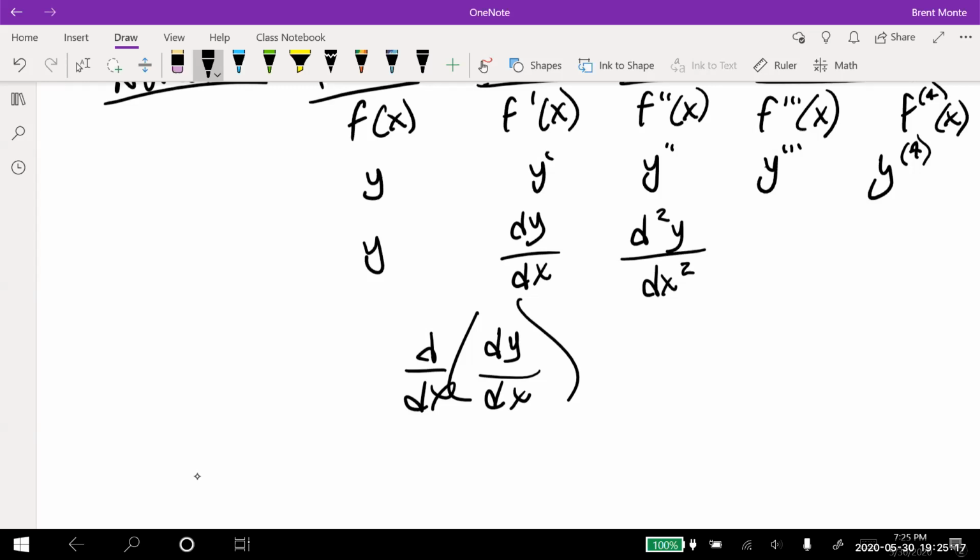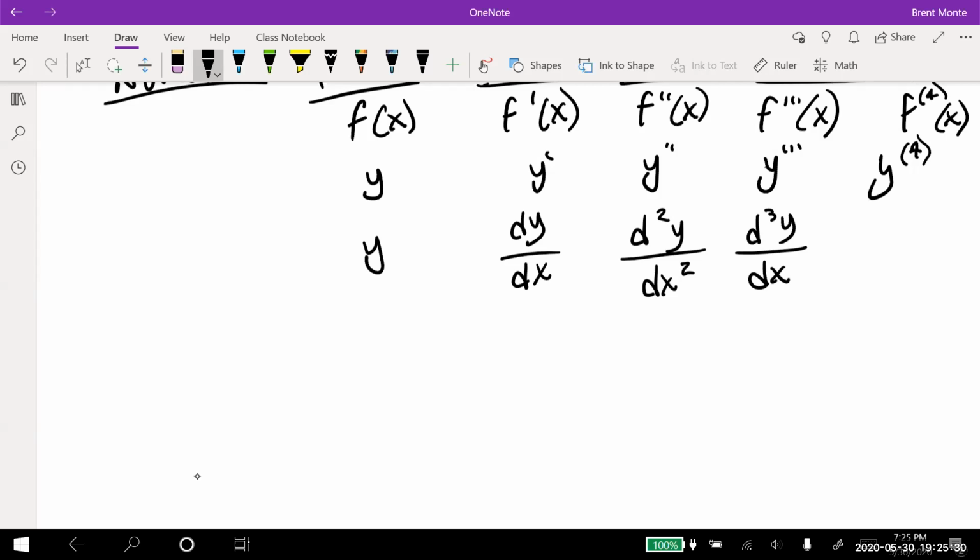Remember, those aren't variables per se. But that's how we write it in Leibniz notation. And for the third derivative, d3y over dx3, d4y over dx4. But just notice where that number is. It's not in the same place in each of those. But that's all those things mean. That's just derivatives or rates of change.